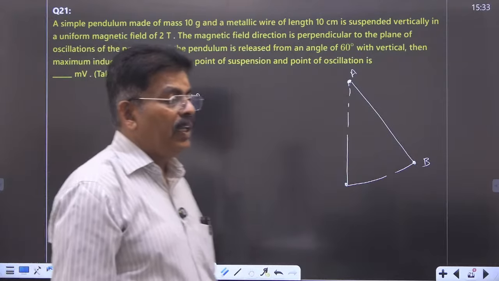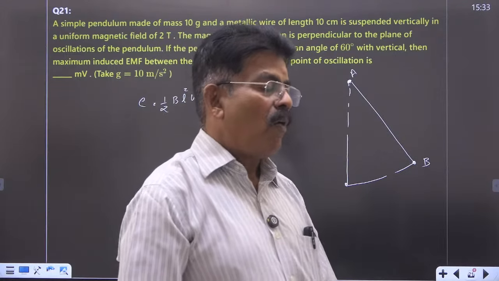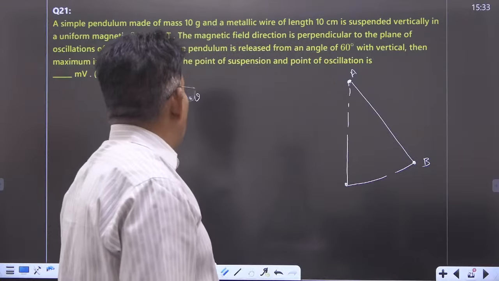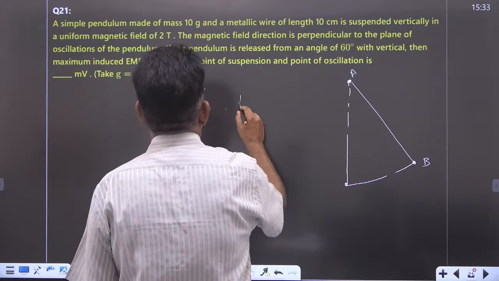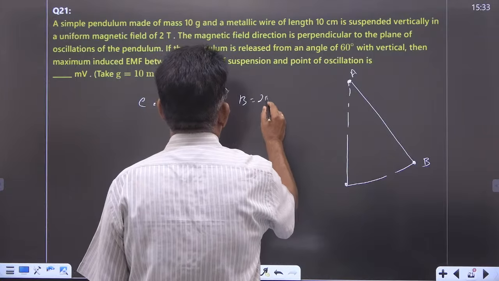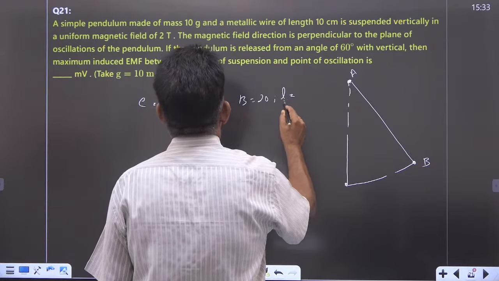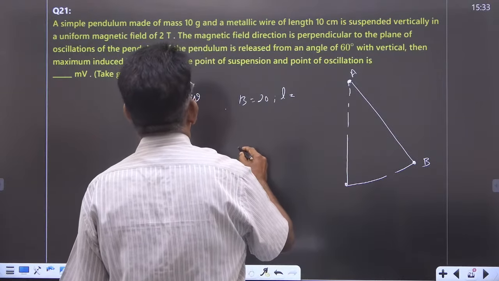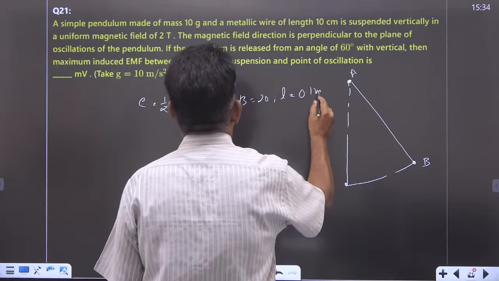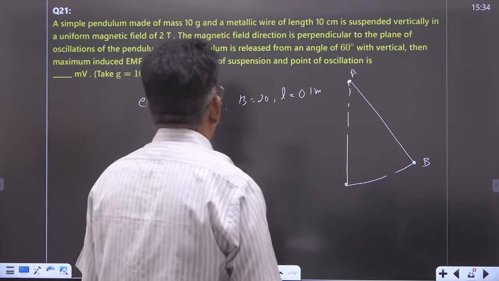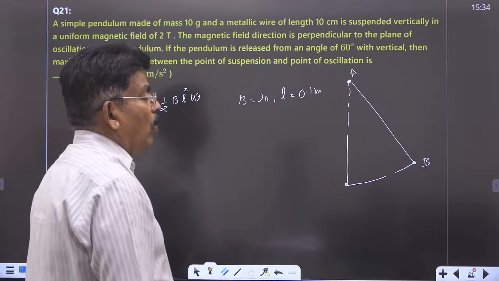So B we have how much? We have B as 2 Tesla. L will be 10 centimeter or 0.1 meter. We have to calculate omega. Omega we don't know. How to get omega?